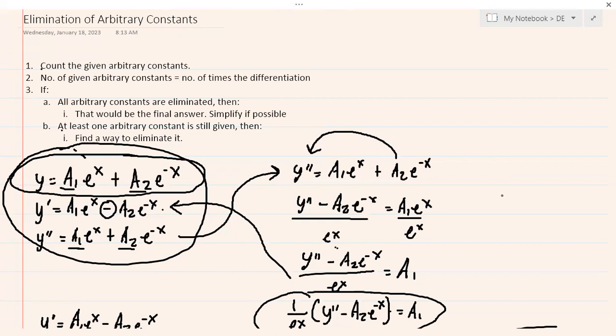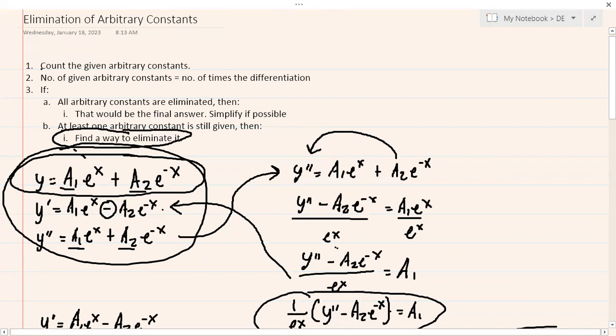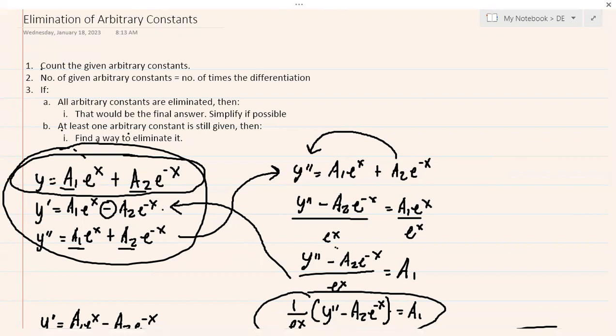So as you can see in this video, I use yung substitution method, 'di ba? So kung ganun, why not yan na lang yung gagamitin kong method dito para sa condition B. Kasi sa condition B or second condition sa third step, 'di ba? At least one arbitrary constant is still given, then find a way to eliminate.